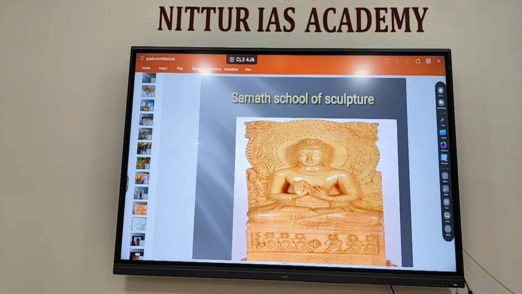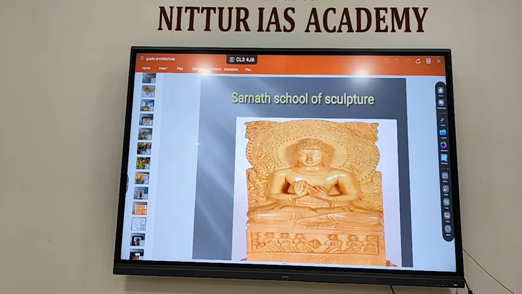Fine. Can you compare the differences between the Mathura school figure and this Sarnath school figure? More polished, fine. Any other thing? The halo becomes more decorated.